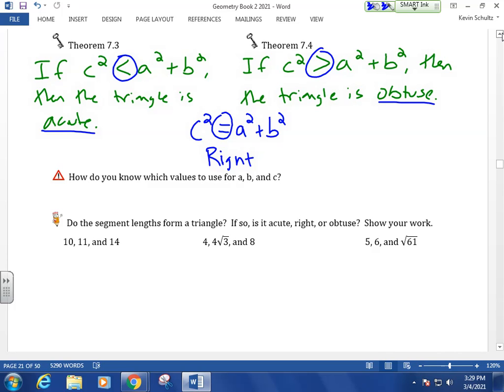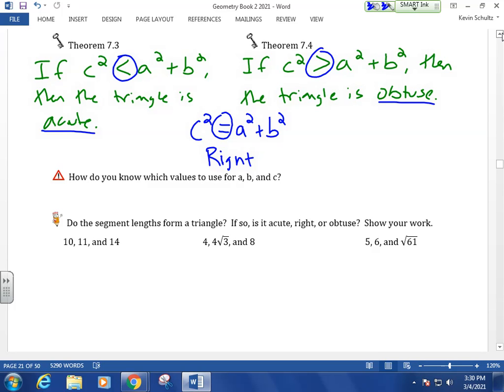So writing it this way, seeing that less than symbol, c squared is less than a squared plus b squared, less than, acute. C squared is greater than a squared plus b squared, greater than, the brain tends to associate that with obtuse. C squared is equal to a squared plus b squared, that equal to, well, that's our right triangle, okay?